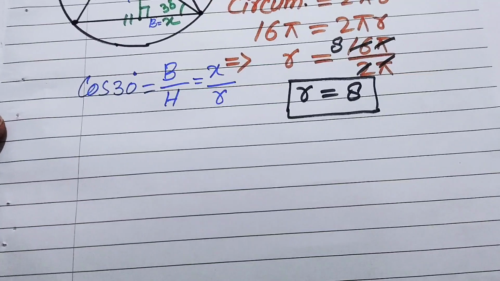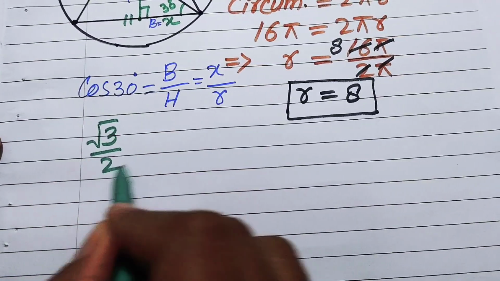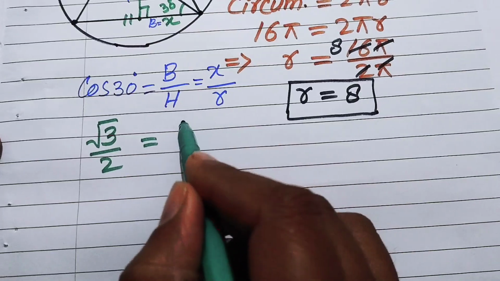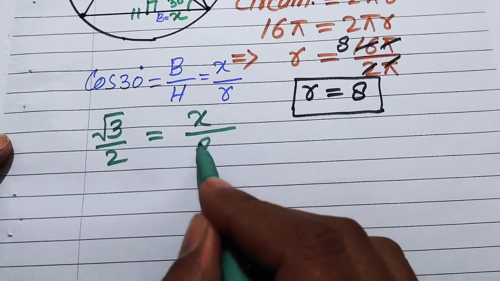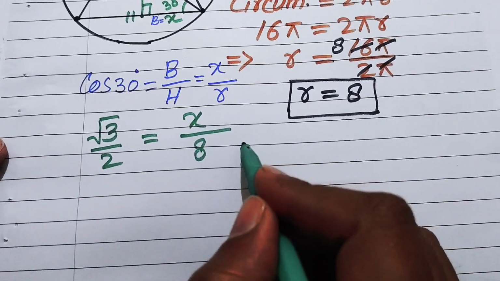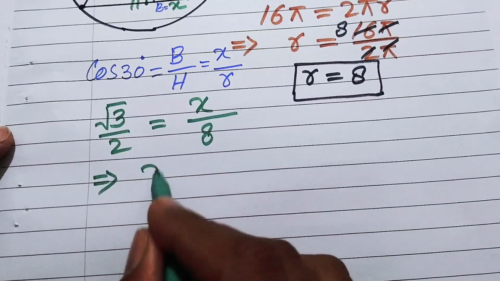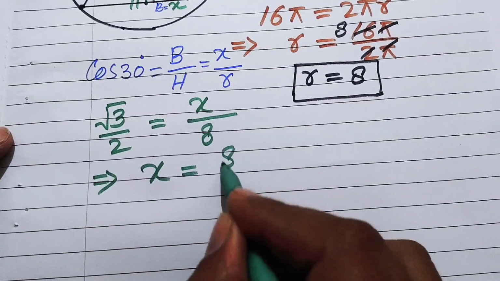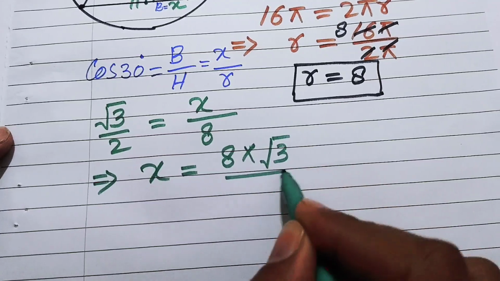So we substitute the value of cos 30: square root 3 over 2 equals x over r, and the value of r is 8. So this implies that we move this 8 to the left-hand side and you get the value of x equals 8 multiplied by square root 3 over 2.